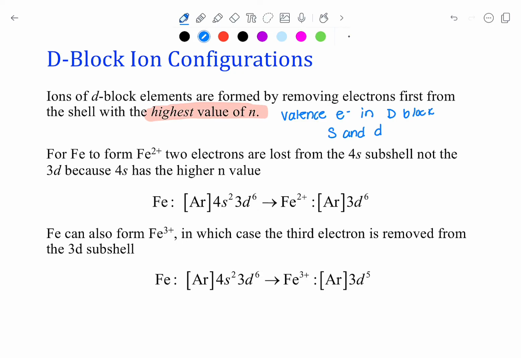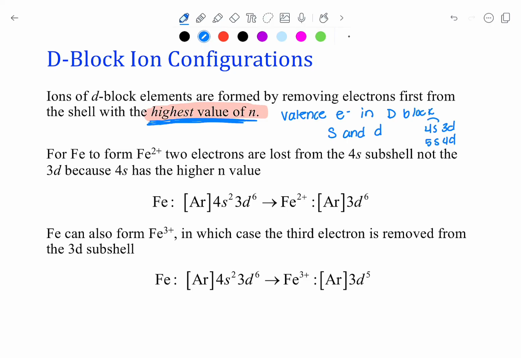And if you remember from our previous lesson, that's where we start to have the changes in our n value. So we went from 4s to 3d or 5s to 4d because they're close in energy. Okay, so they switch on us. So we have to remember that when we are forming ions for d block elements, we remove electrons from the highest n value first.